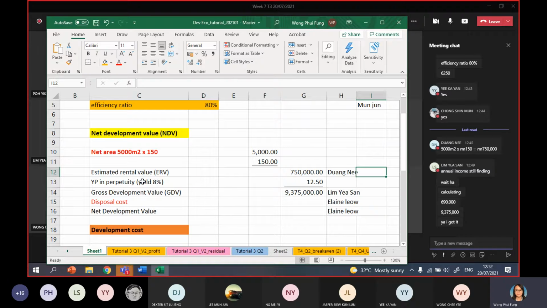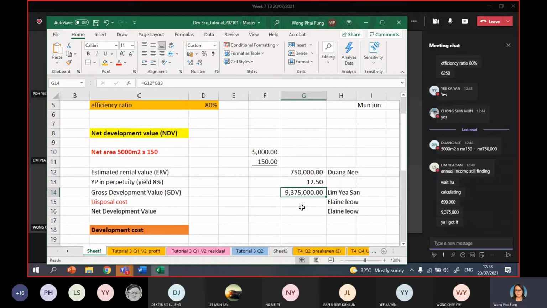So we have to use YP in perpetuity here to convert it to income that you are going to collect forever. You just use 100 divided by the yield given. The yield given in the question is 8%. So you use 100 divided by 8, then you get this factor, 12.5. Then you times the ERV, and you should be able to get your GDV. So this is your income that you are going to receive forever.